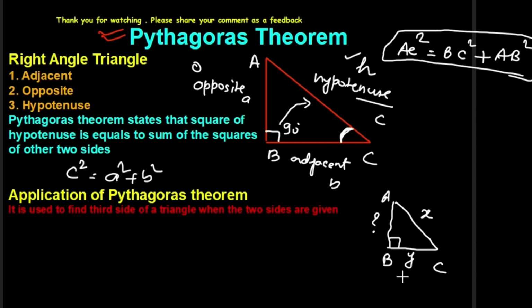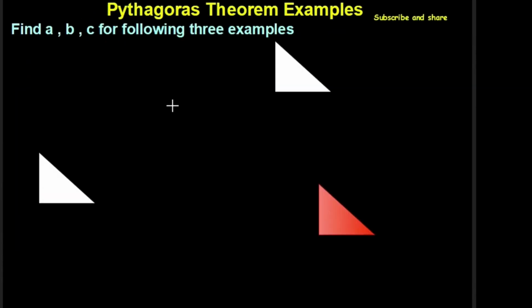In this scenario, two sides are given and we have to identify the third side, so we can use the Pythagoras theorem. We will solve a few questions based on it and see how we can find the sides using the Pythagoras theorem.